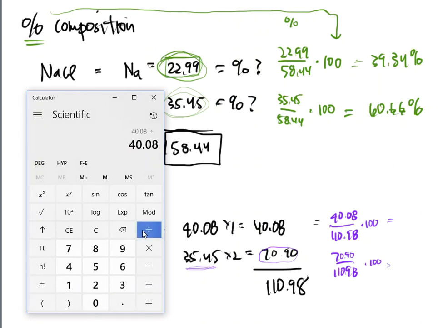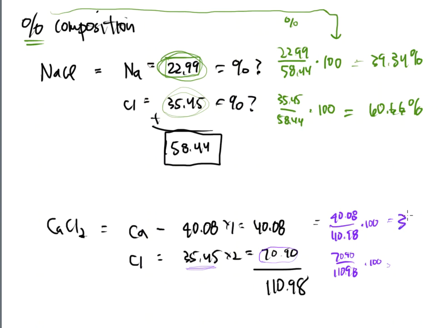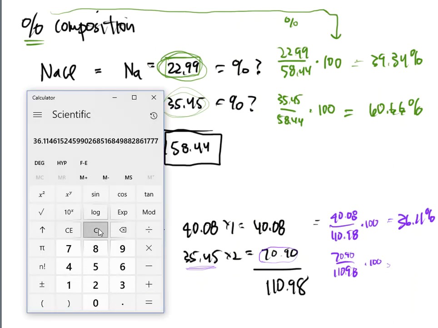All right, so I'll take 40.08, and then I'll divide that by 110.98. Then I hit enter, and then I multiply by 100, and that gives me 36.11. So 36.11% of the weight is coming from calcium. Okay, so let's do the other one.